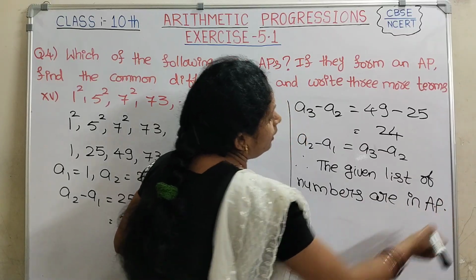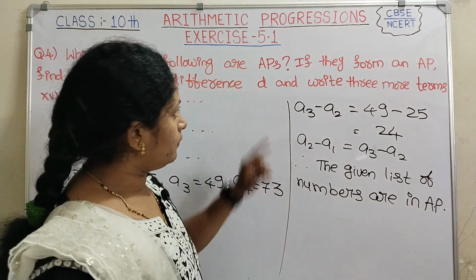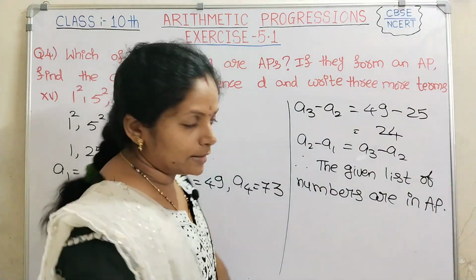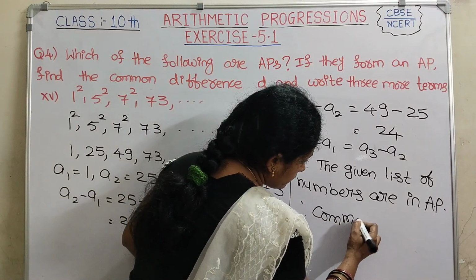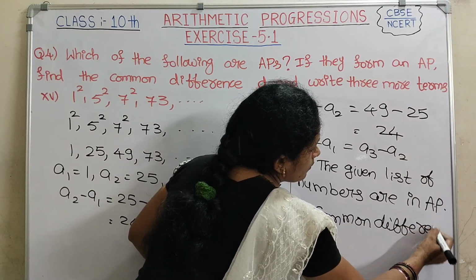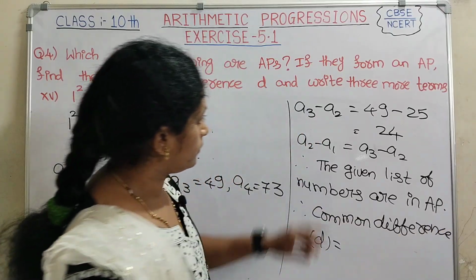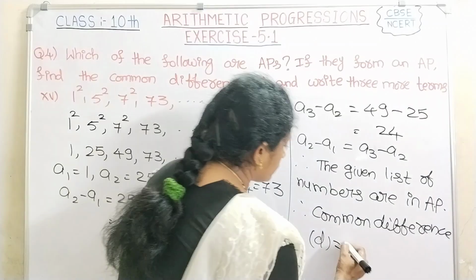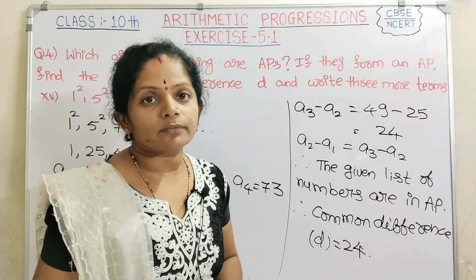If they are in the AP, two things we have to find. What is the first one? First is the common difference D and the next three terms. Therefore, the common difference D is equal to 24. We'll get the next three terms.